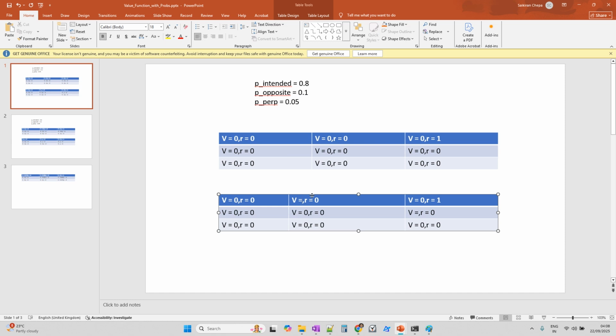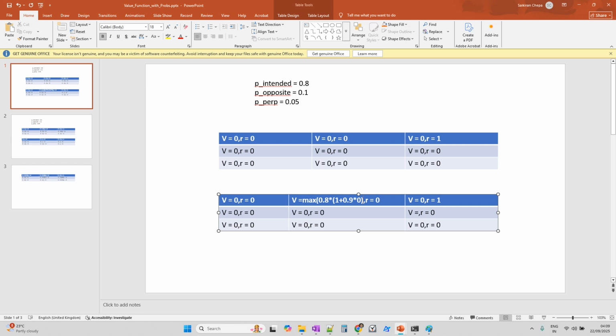So this one is max of, if he goes here, then the intended direction is this direction, right? So 0.8 is the probability into 1 plus 0.9 into 0, the value here.